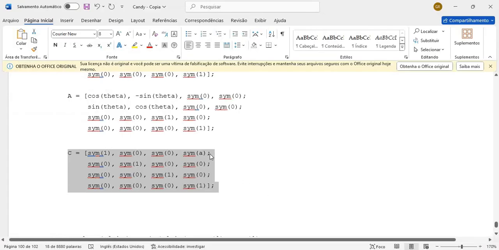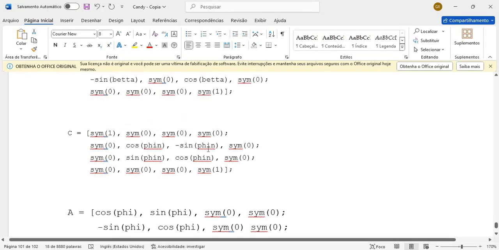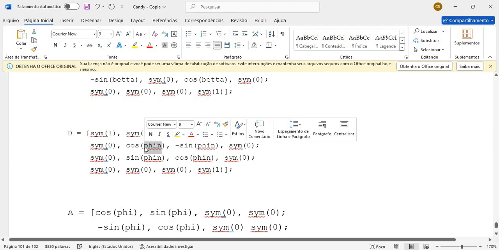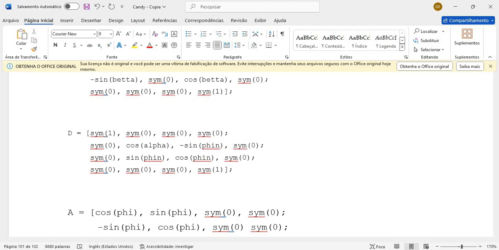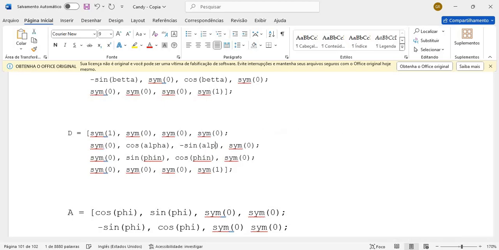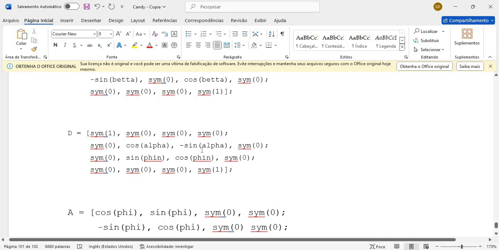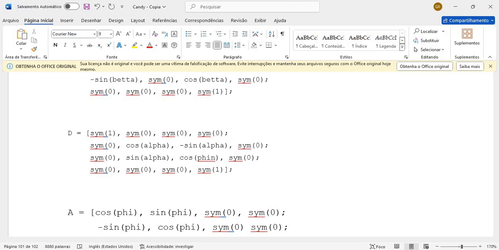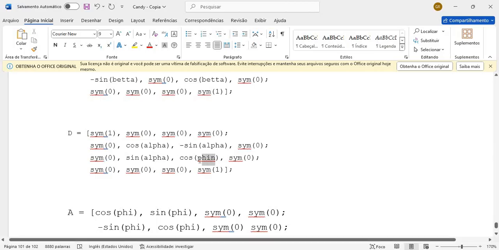Okay, now the last one. Let's adapt this one right here. Let's call D. Right here, 1 0 0 0 0, and right here is alpha, cosine of alpha, minus sine of alpha, sine of alpha, and cosine of alpha.